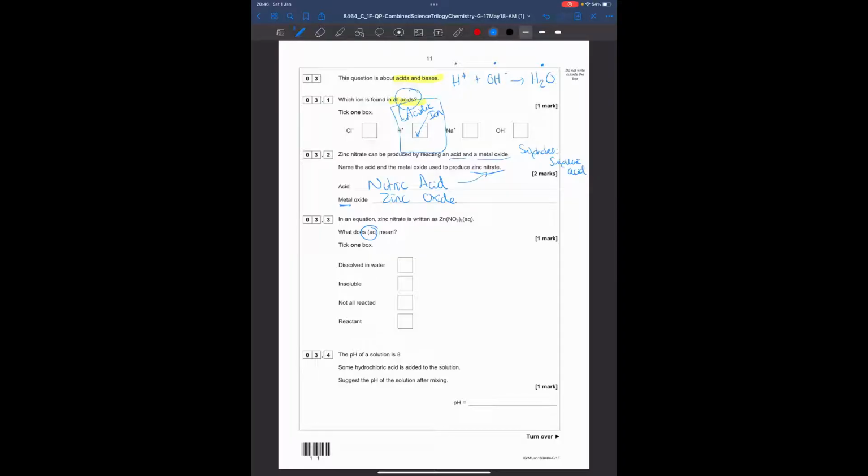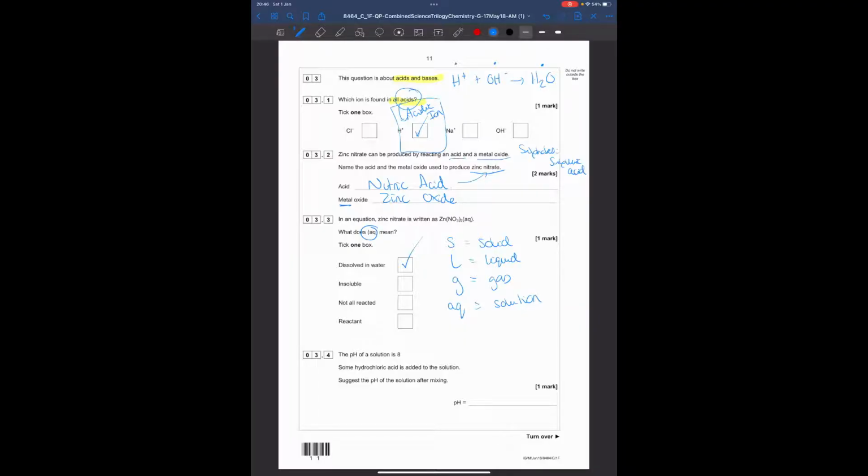That means it is aqueous, which means dissolved in water. The four that you need to know are S, which is solid, L, liquid, which means a pure liquid, normally pure water. And then you've got gas, which is G. And then you've got aqueous, AQ, which means it is a solution. You've got a solid dissolved into a liquid.